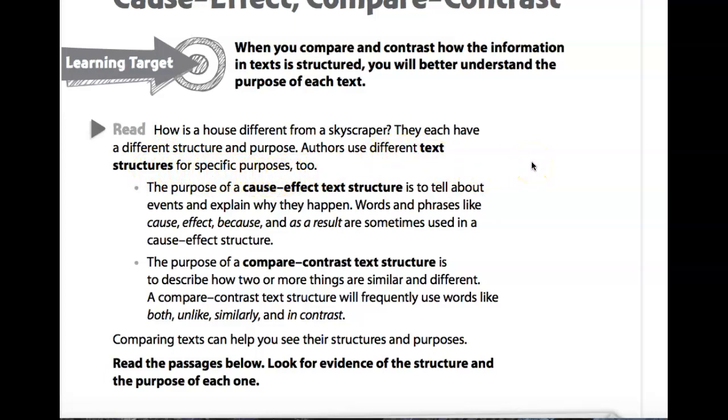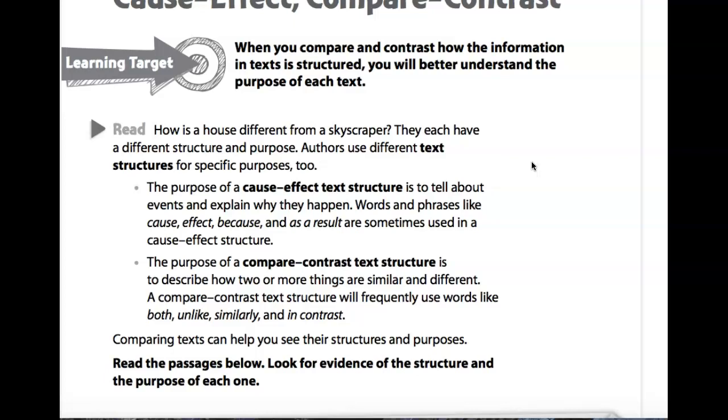The purpose of a cause-effect text structure is to tell about events and explain why they happen. Words and phrases like cause, effect, because, and as a result are sometimes used in a cause-effect structure. The purpose of a compare-contrast text structure is to describe how two or more things are similar or alike and different.